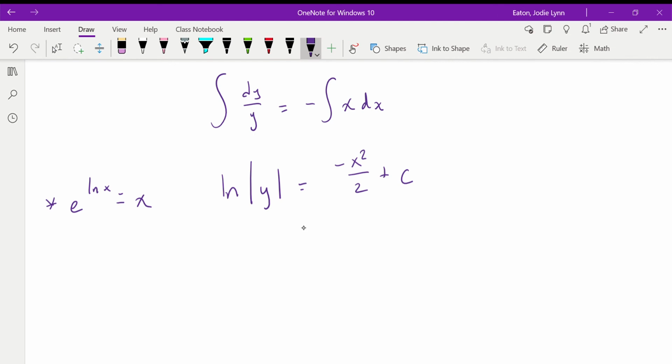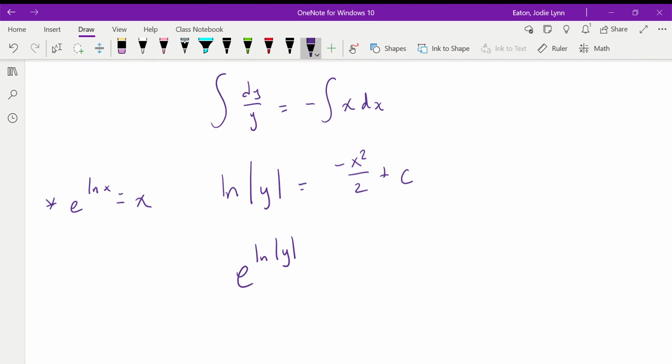So we're going to take e and raise it to the power of both sides, and that's applying the power rule, which we did way back when, which I think is pre-calculus 12. If you raise two things that are equal to the same power, the result is equal.